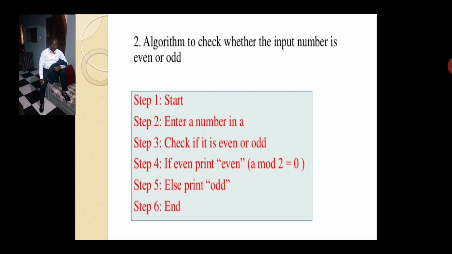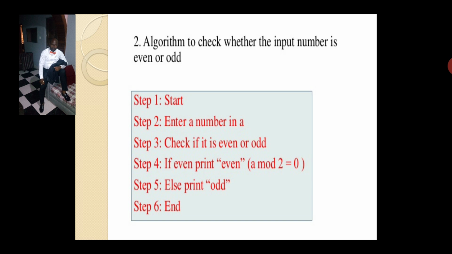Okay, so now look at what the program is saying. Algorithm to check whether the input is even or odd. So what you need to do also, your first step is start. You have to start the procedure. Then second step, enter a number in A. The third step, check if it is even or odd.